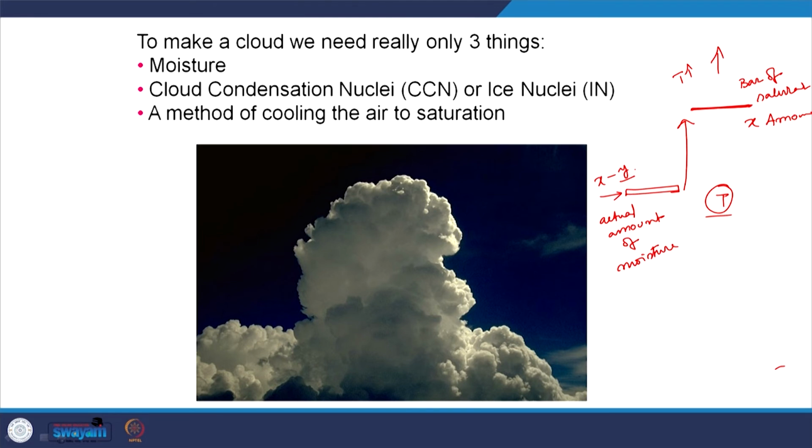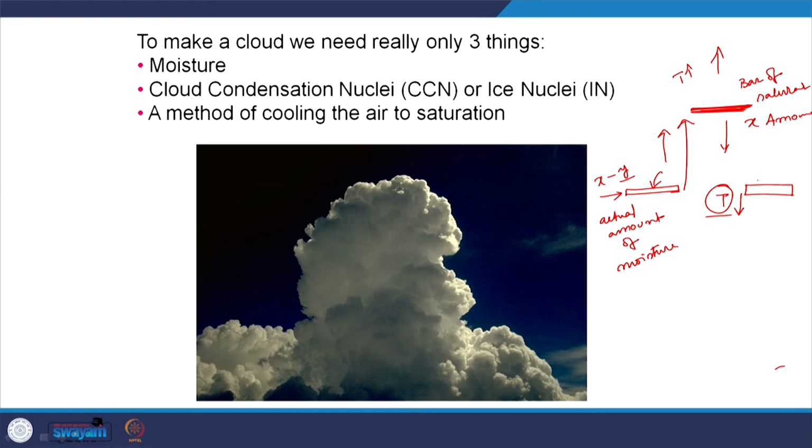Now, either you keep putting water vapor physically and you raise this to here, or, if you decrease the temperature, the amount of moisture that can be present in this air parcel comes down. By decreasing the temperature, you are just bringing the amount of water vapor that can be held by the air parcel to the level of the amount of moisture that is actually present in the air parcel, right.